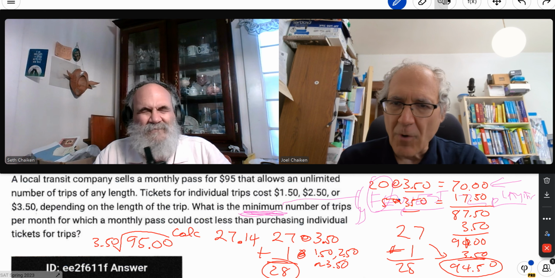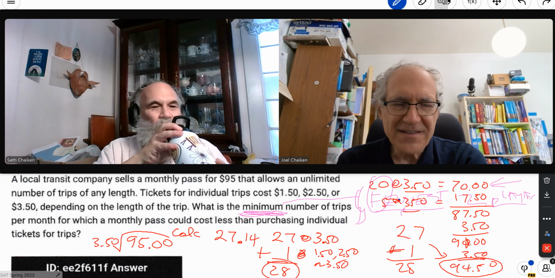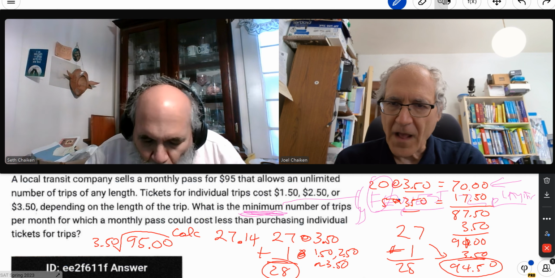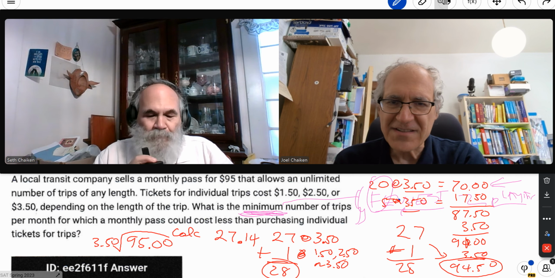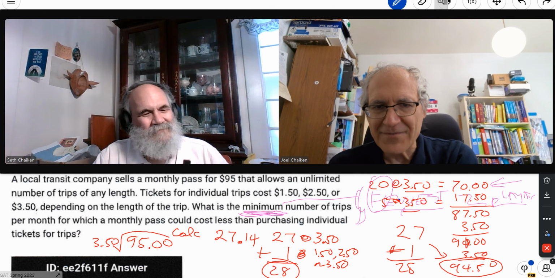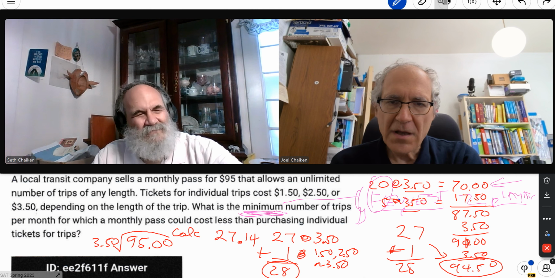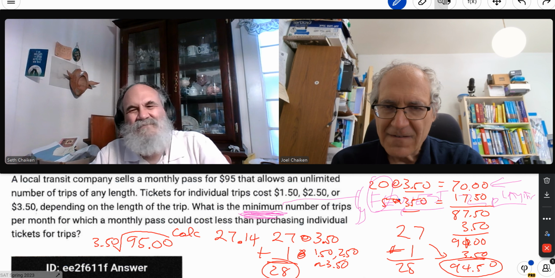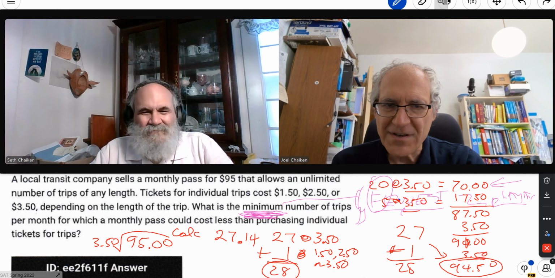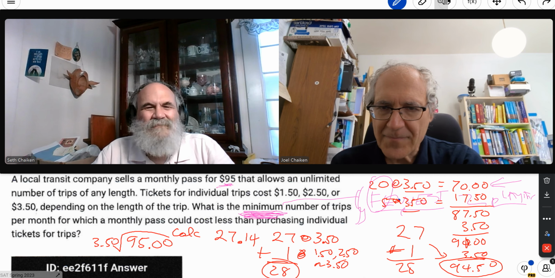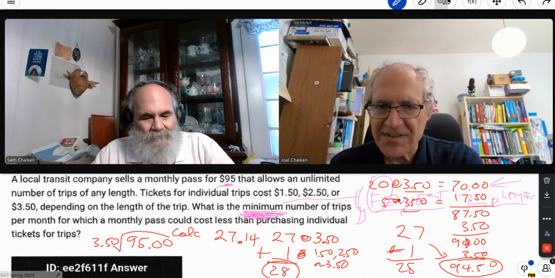The main idea: why did they put this on the test? What were they trying to see if you knew what to do? Well, first of all, to digest a word problem that's sort of unusual, that you've probably never seen before. Understanding what minimum means and how to get the fewest number of things, given that you have a limited amount of money and the things cost different amounts.